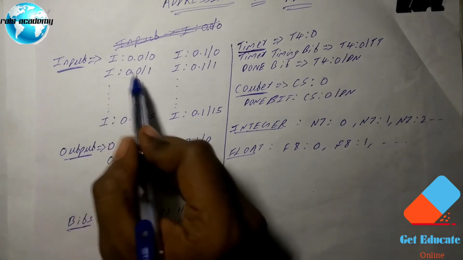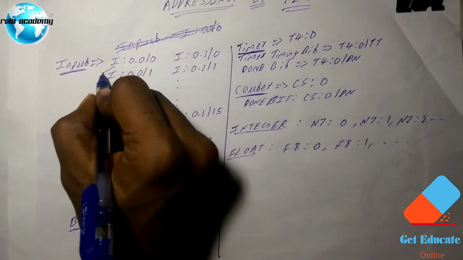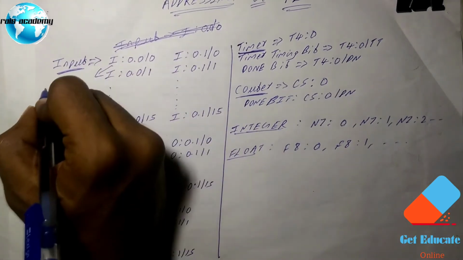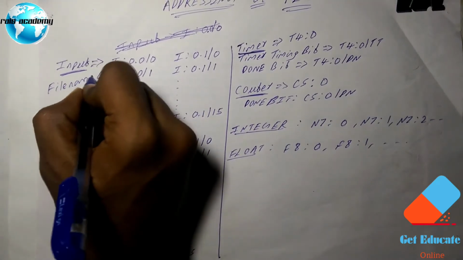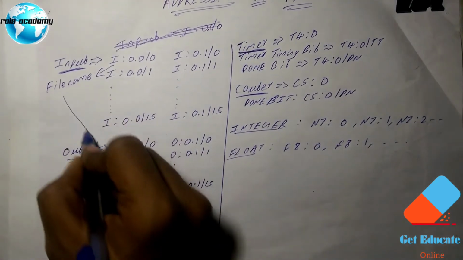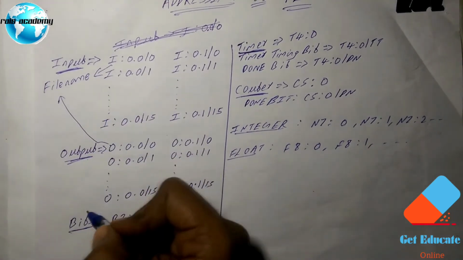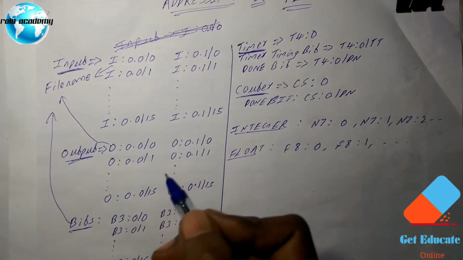This is the slot number. Let me define all these parameters. This is the file name. File name means whether it is input or output; inputs, outputs, bits, all these are file names.